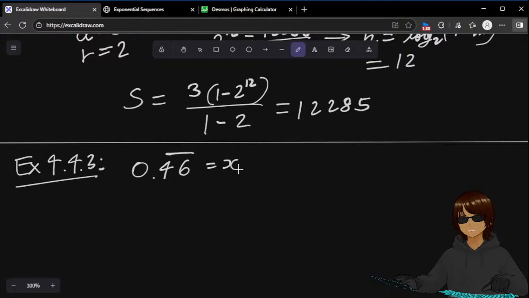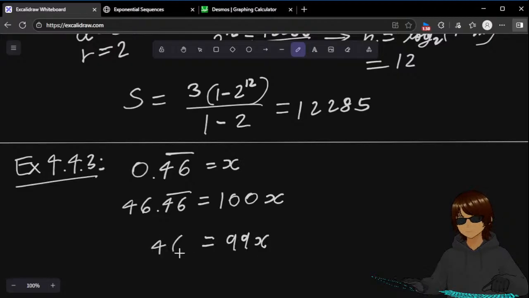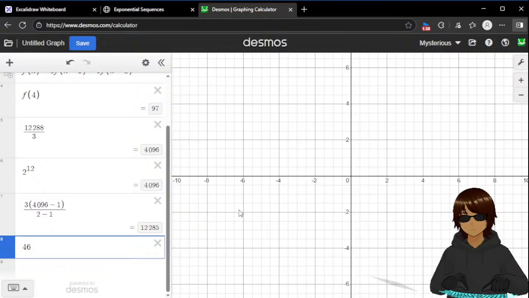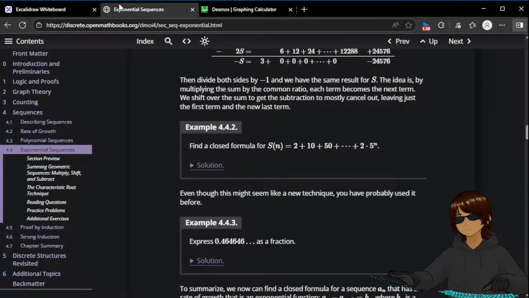So this is equal to x, 100x. So 100x minus x is 99x. x is equal to 46 over 99. Yep.